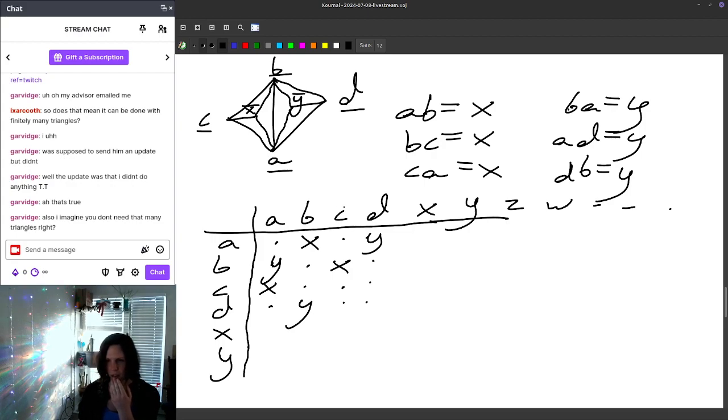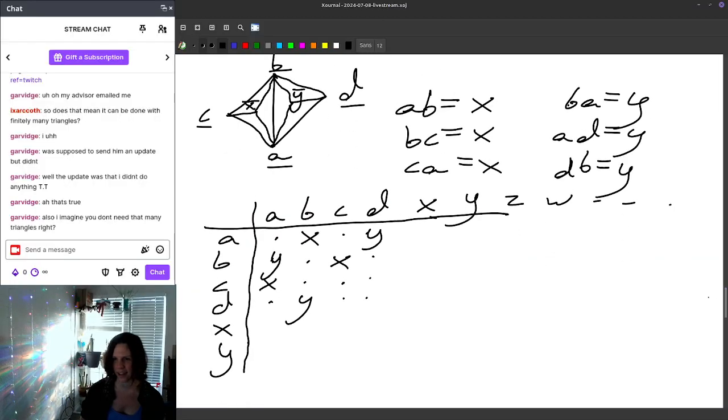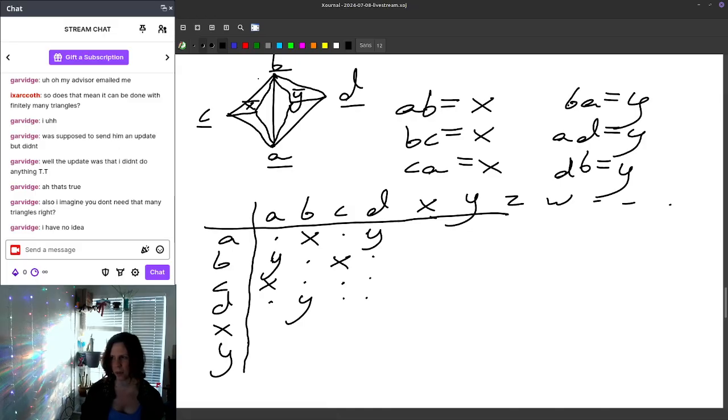Well, what does that many mean exactly? Like, you don't need this many triangles, like when I subdivided. Oh, okay, you have no idea.